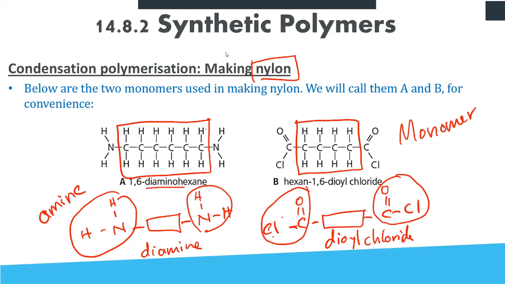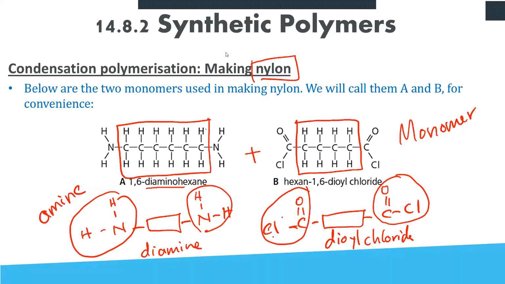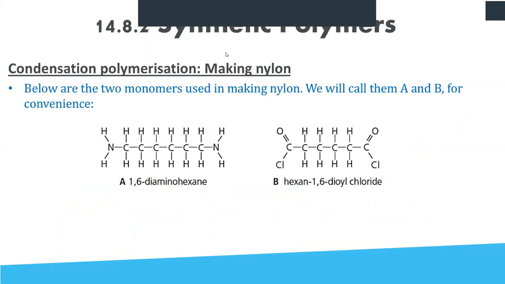Can you tell me what will be eliminated from this structure when these two combine? Is it H2O? So where is H coming from, Saudan? From the amine. So let's circle the amine.